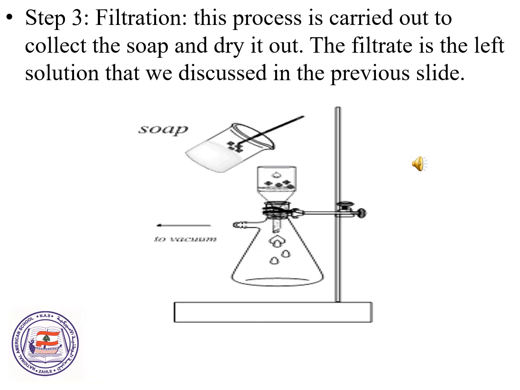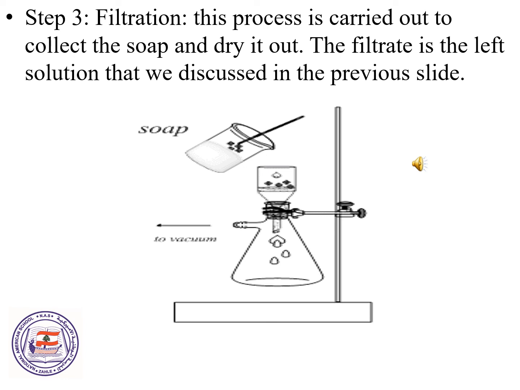Now step 3 is the filtration process, which concludes the steps of the preparation of soap in the laboratory. This process is carried out to simply collect the soap and dry it out by using vacuum filtration.